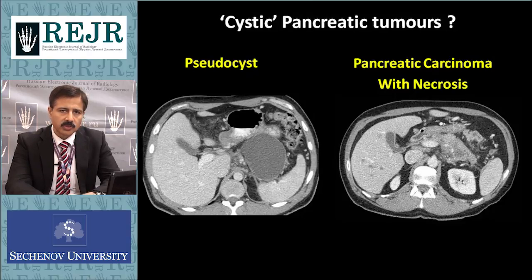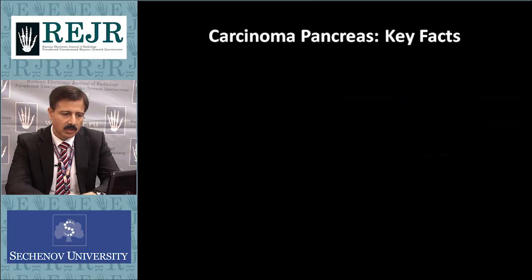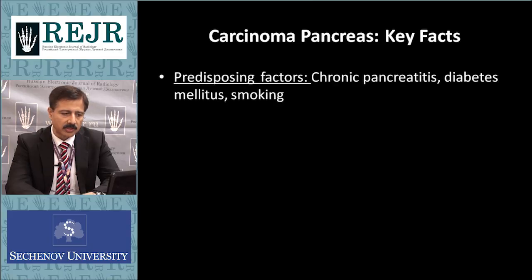And please also note that the so-called cystic tumor might actually be a solid pancreatic carcinoma with necrosis. So some of the tumors, because of necrosis, do appear as cystic. Right, so we start with pancreatic carcinoma and a few key facts about it.